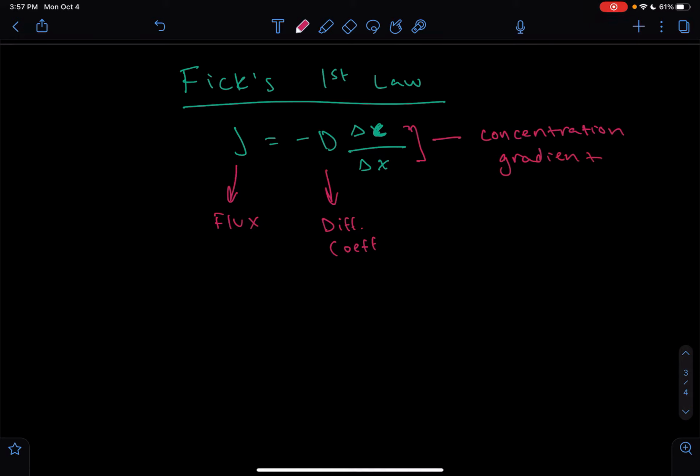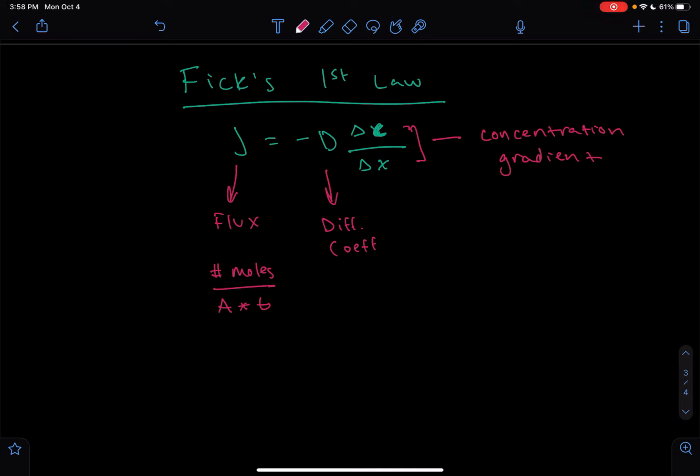Okay, so what is flux? Flux, diffusive flux, is basically the amount of a substance or the number of moles per unit area per unit time, right? So number of moles over area times time, okay? So again, if we're thinking about that Febreze, we're basically saying that something with a higher flux means that we're having a lot of that concentration, a lot of moles in a specific area at a specific time.